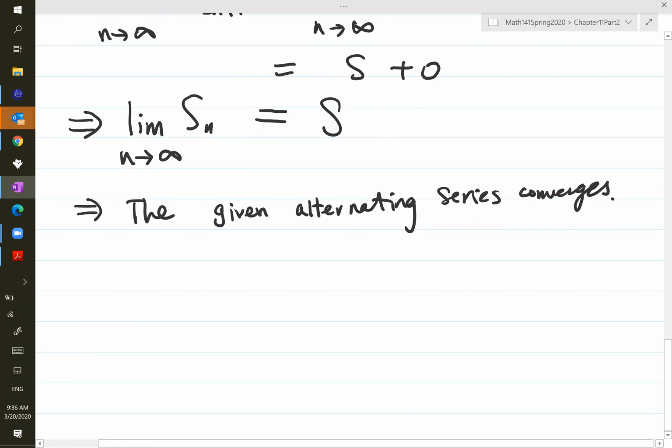Now to summarize, we abstract these properties, and so we have the alternating series test. The alternating series test says the following.